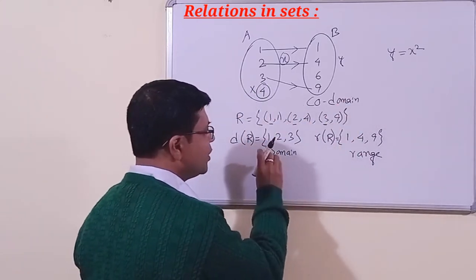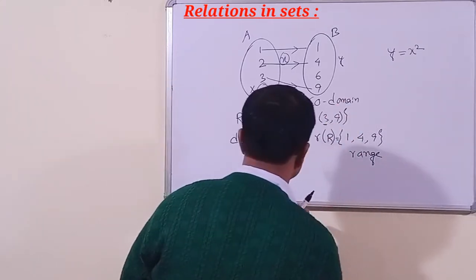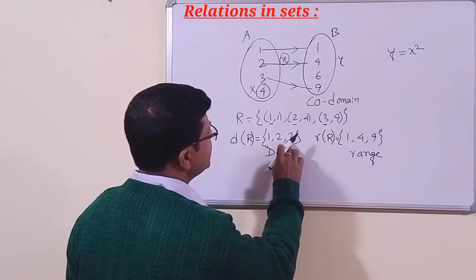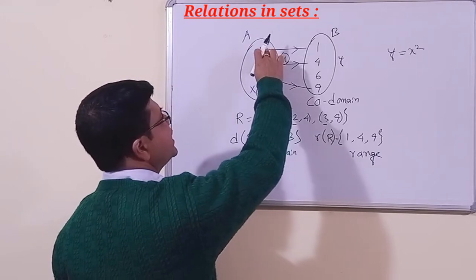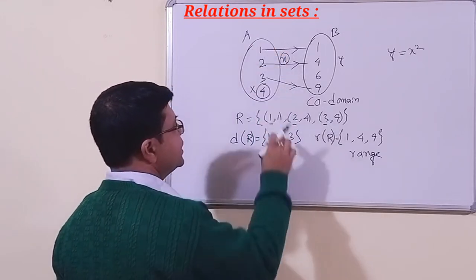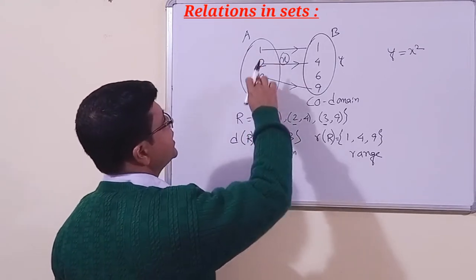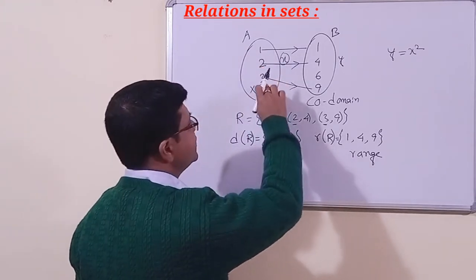Now let us look at some properties. Here you can see that the elements 1, 2, 3 are in the domain, and in set A the elements are 1, 2, 3, 4.